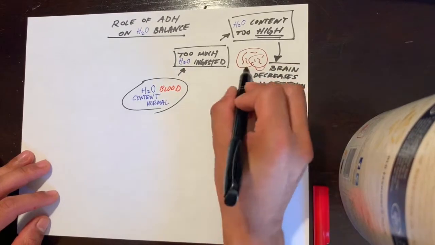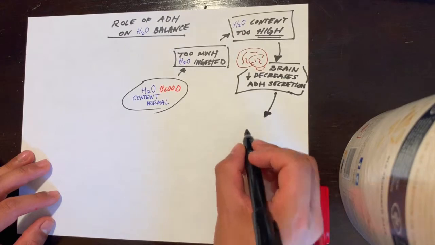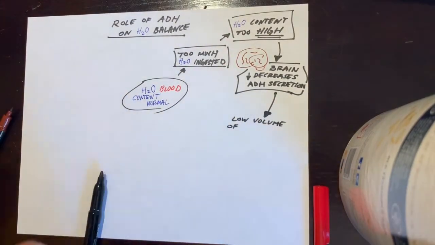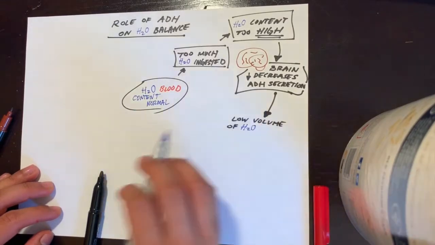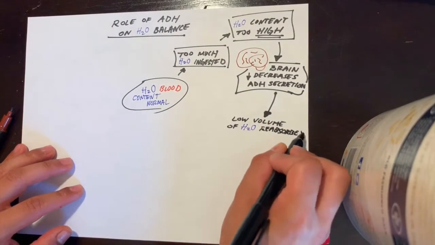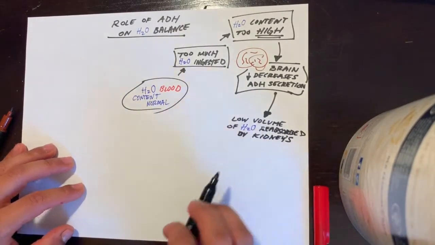So the pituitary releases less ADH. That means that the renal tubule reabsorbs less water. The low volume of water is reabsorbed by kidneys, and large volumes of dilute urine are produced.